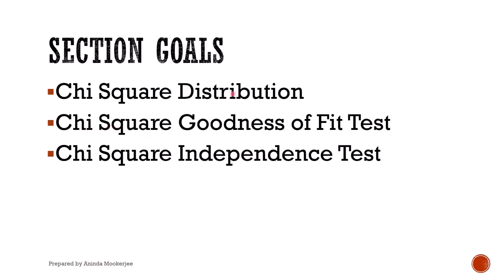Then once we understand the distribution, we'll go into what the goodness of fit test is, and then we'll go into the chi-square independence test in the last section of this chapter, which talks about the association between two variables. So it's going to be two-dimensional data, so to speak.